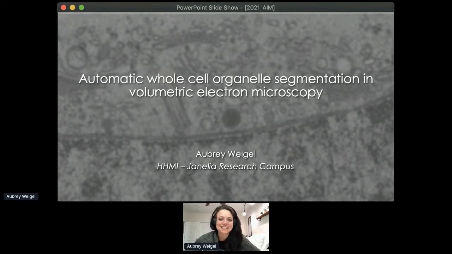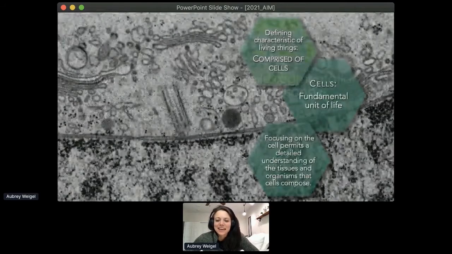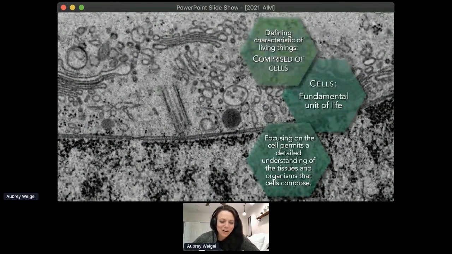I'm really excited to share our recent work with you all, automatically segmenting organelles in whole cell volumetric electron microscopy. So a defining characteristic of all living things is that they're made up of cells. Cells are, I think we could all argue, a fundamental unit of life. And focusing on the cell permits us this detailed understanding of all the tissues and organisms that the cell composes.